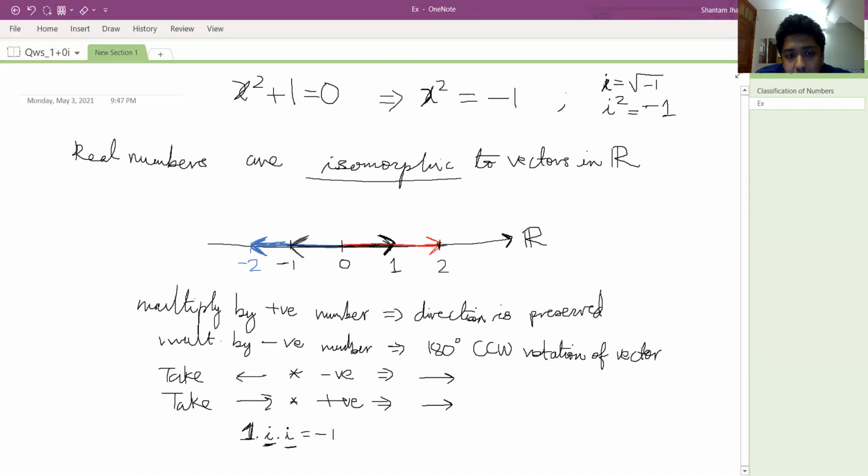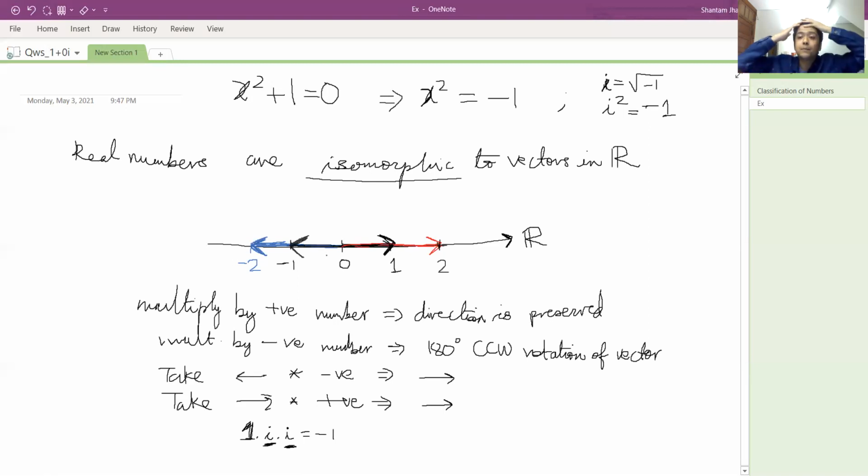Wow. What does that mean? So far we know multiplying by a positive number, same direction. Multiply by a negative number, 180 degrees rotation, counterclockwise. What does this equation say? I take the vector 1, multiply it by something called i, then multiply it by something called i again, then I reach the 180-degree transformation.